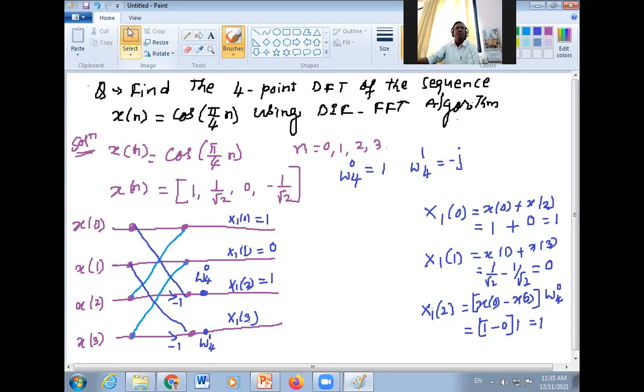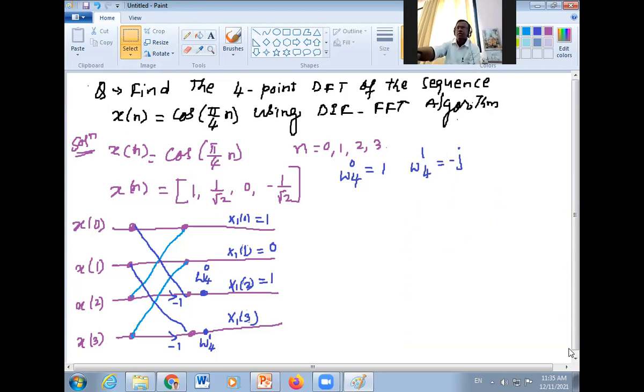And then further, we'll calculate the value of x1 of 3. Let us understand how to calculate the value of x1 of 3. x1 of 3 is equals to x of 1 minus x of 3, which is multiplied with W4 to the power 1.